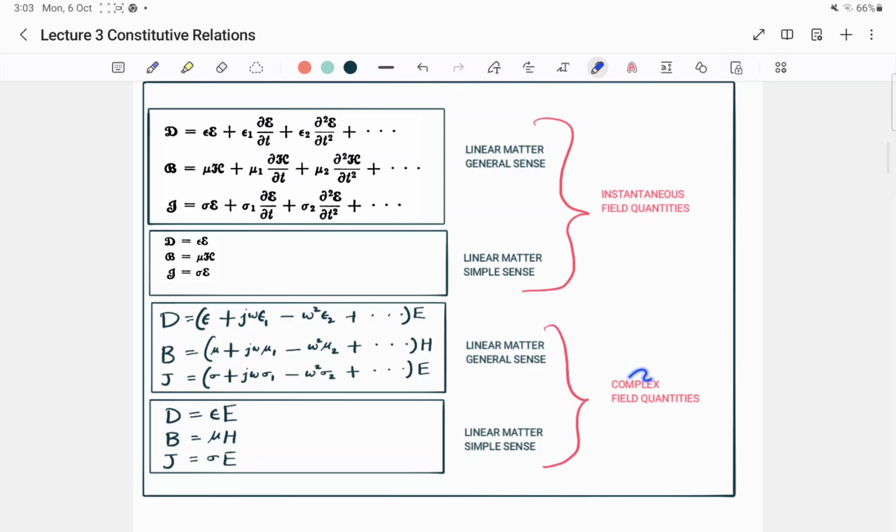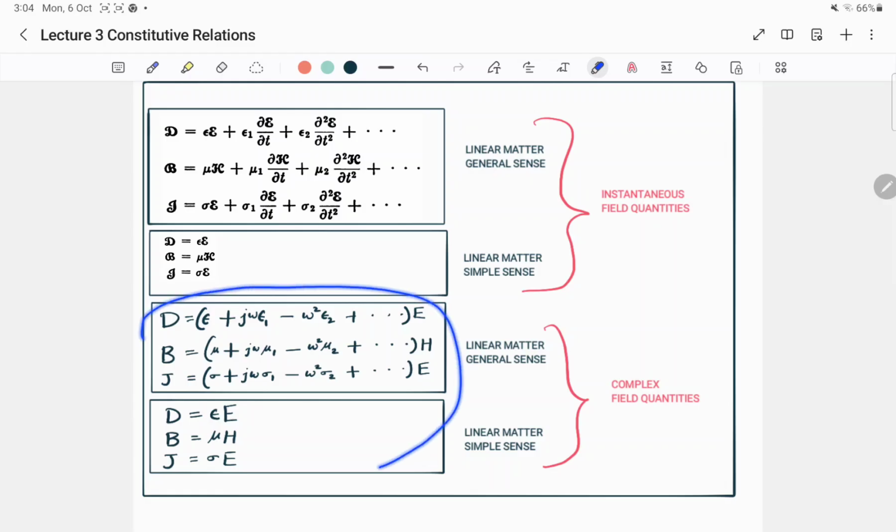And when the field quantities are complex, then we replace these scripted letters with Roman letters E, H, J, B and D, etc. So these two sets of equations are for instantaneous field quantities for linear matter in general sense and in simple sense.